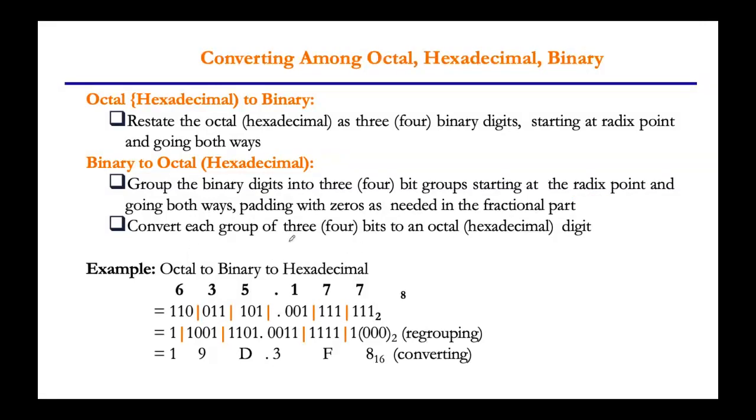Converting each group of 3 or 4 bits to an octal or hexadecimal digit gives you the conversion from binary to octal, octal to hexadecimal, or hexadecimal to octal. So any combination is possible this way.